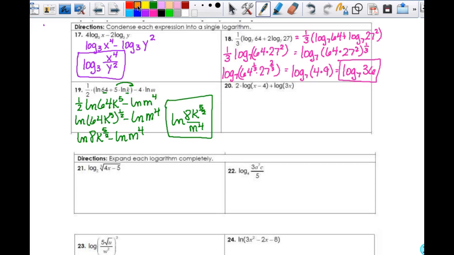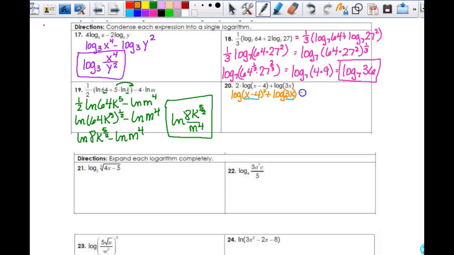All right, so to condense this one here, I'm going to put this exponent up here, and this is going to give me the log of x minus 4 squared plus the log of 3x. So this is being added, so these two things are going to get multiplied together when I condense them.